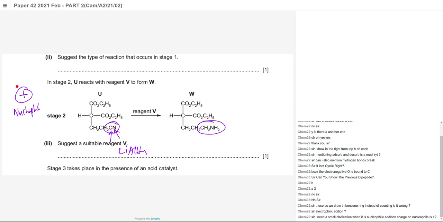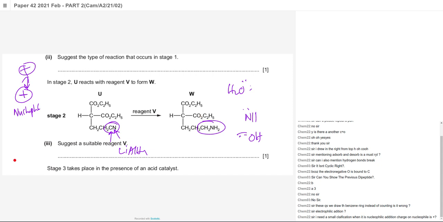The question itself is invalid because a nucleophile cannot be positive. A nucleophile can be either neutral, like water or ammonia, or negatively charged, like hydroxide. But a nucleophile cannot be positive. Got it?